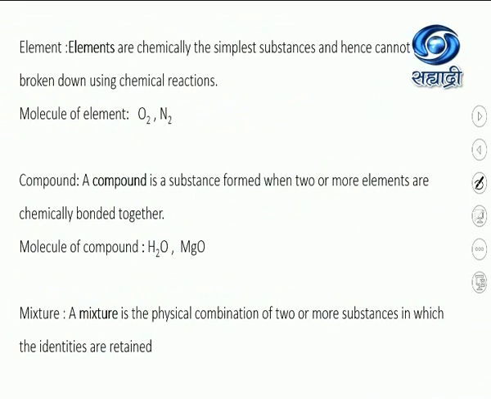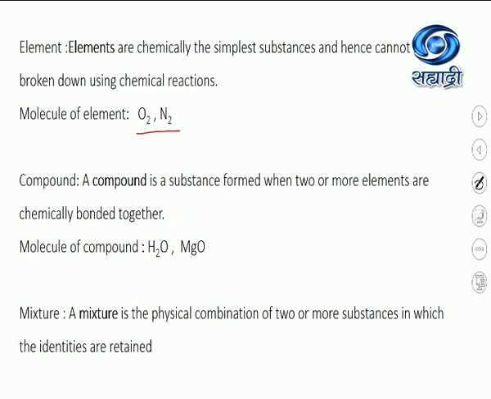Elements are chemically the simplest substances because only one kind of atom is present in them, hence they cannot be broken down using chemical reactions. You can see molecules of elements O2, N2, that is oxygen and nitrogen. We write it like this.